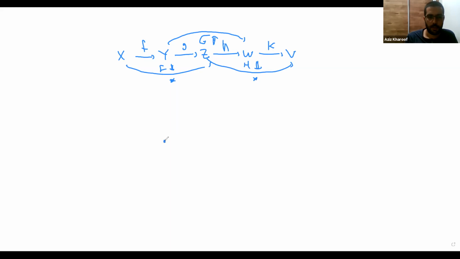We have here the composition of F. One can think of this point as X, and we have a map from this to Z.